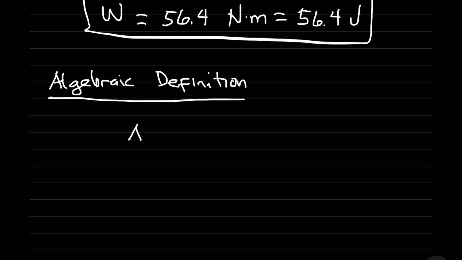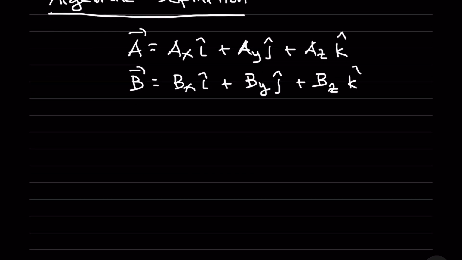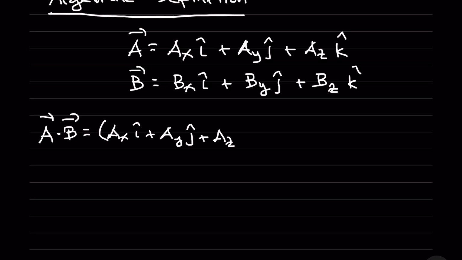Let us now proceed to the algebraic definition of the dot product. Recall that vectors such as vector A can be written in terms of their components. So the components of vector A are a_x i hat, a_y j hat, and a_z k hat. The same can be done for another vector such as vector B given by this equation.